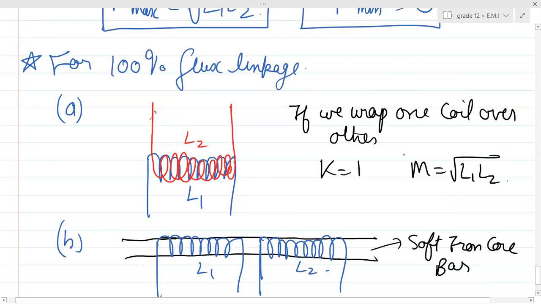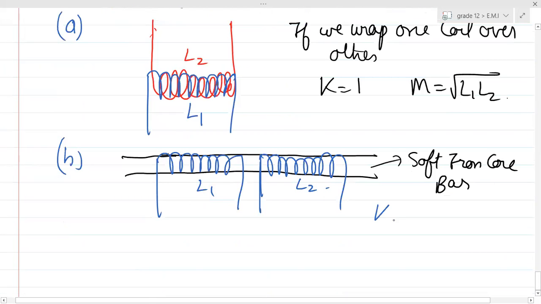In this case also, K is approximately equal to 1, or we can say M is the square root of L1 L2. If there is no energy loss inside the soft iron core, then also here the coupling is 100%. Clear?